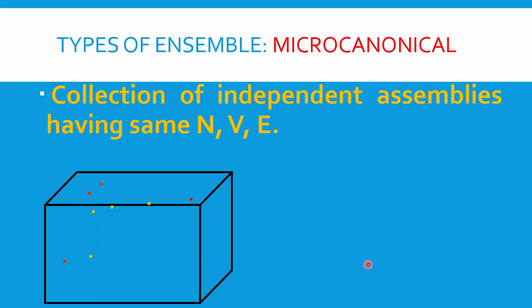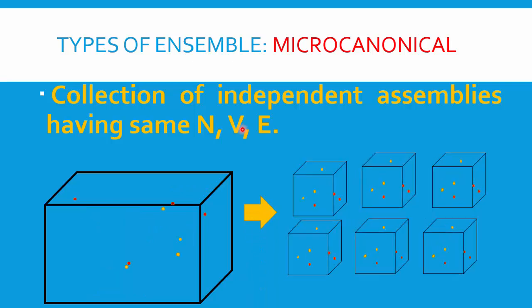So I repeat, suppose you have a large number of particles in motion. When you transform them into snapshots and collect those snapshots for every second, each picture will have the same number of particles, volume and energy. Then this collection of pictures is called a microcanonical ensemble. Why is it called microcanonical?